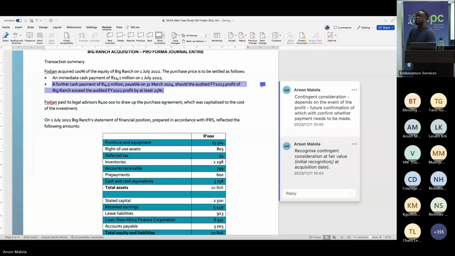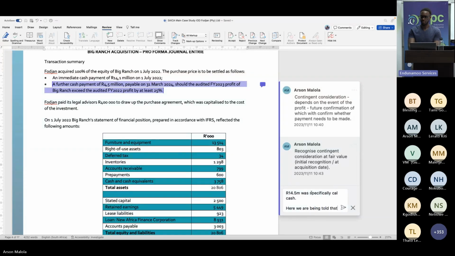And Mike in the room. I don't think it could account for the difference. Because in the pre-release, we were told that the 14.5 million that we were seeing in the FS is specifically a cash amount that was paid. But if this is a contingent consideration, it means that no cash would have been paid at this point, as the cash component would be contingent upon a condition that's still to come.